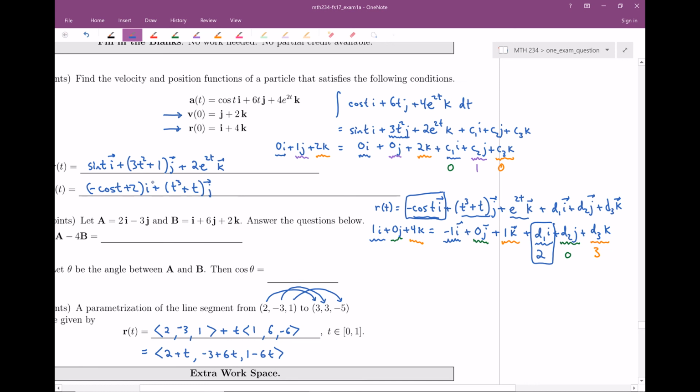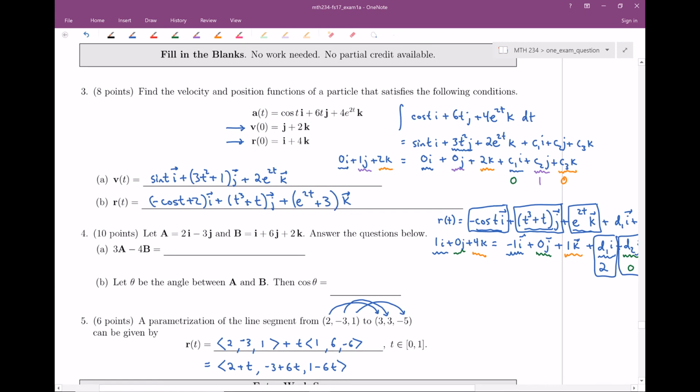That's all the stuff in my j component. And then finally, for my k component, I have e to the 2t plus d3, which was 3. So e to the 2t has a k next to it, and d3 has a k next to it. That's all the stuff that's in my k component.